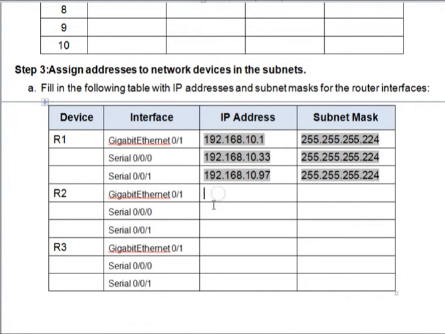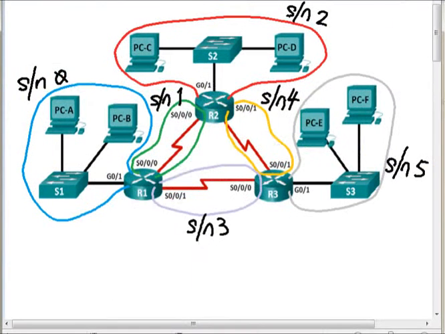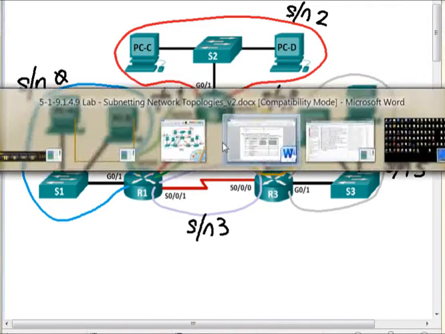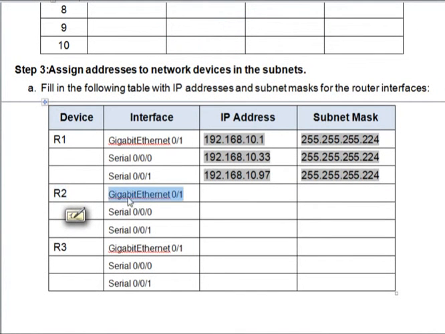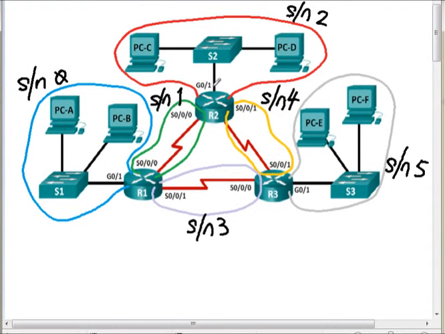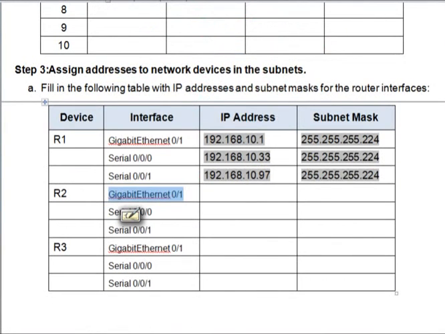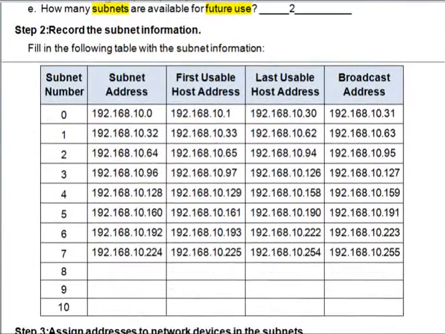And the subnet mask will still be the same. Okay, so let's proceed to fill in the addresses for R2. In this case, R2 is over here. The first interface we are going to allocate is gigabit Ethernet 0/1 of R2. So G0/1 of R2 is within subnet 2. Let's look at subnet 2 over here.